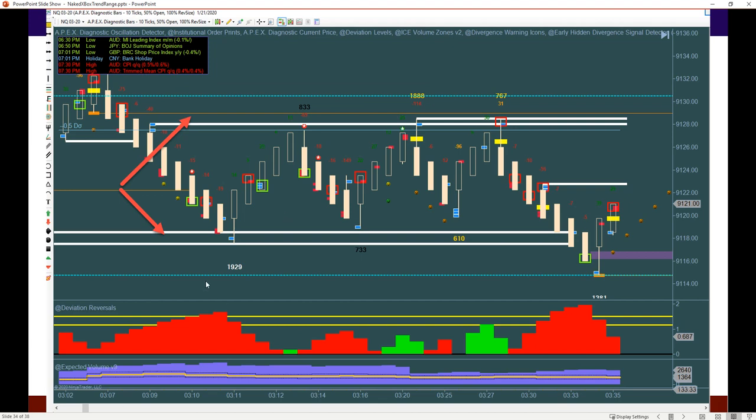Now let's look at this next slide. Again, we're not paying attention to the color of the DR. We've got a mini magnet up here, two mini magnets down here, and later on we get a second mini magnet up here. Clearly a defined box range.